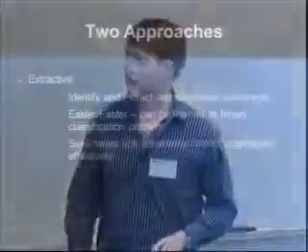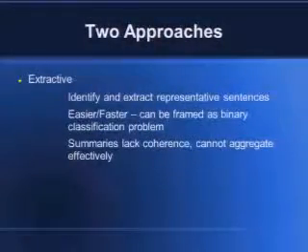So there's two main approaches in automatic summarization. The more traditional one, which has been pursued, is extractive summarization, which is where sentences are extracted from the source input text. And this is generally easier and faster, partly because it can be framed as a binary classification problem.